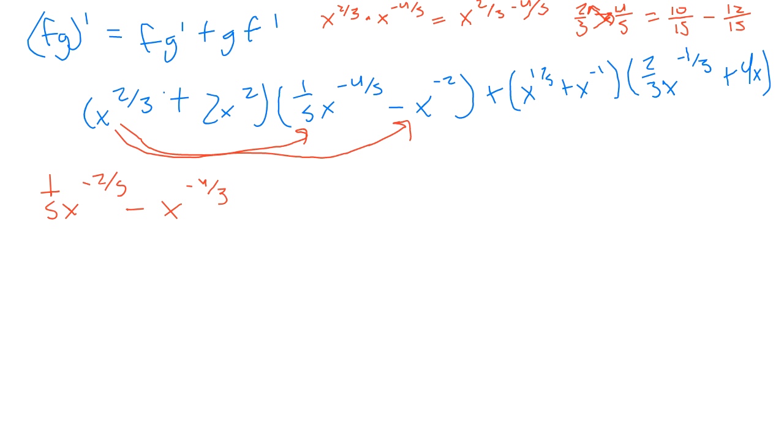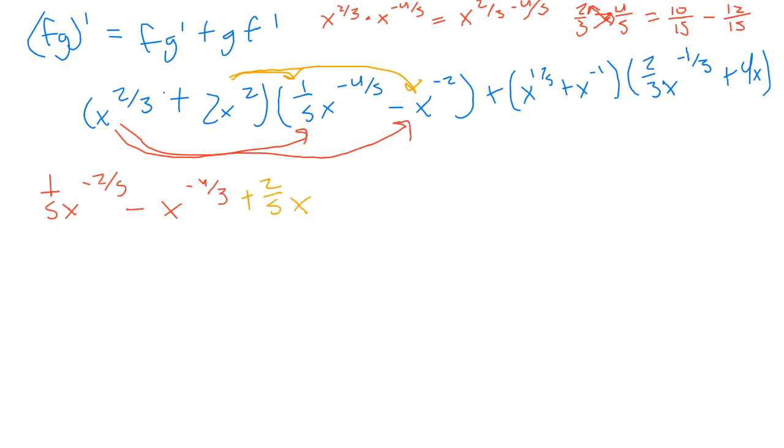Now we have to look at the other side. So now we're going to get 2x squared times both of these terms again. 2x squared times 1/5 x to the negative 4/5 is going to get us 2/5 x.